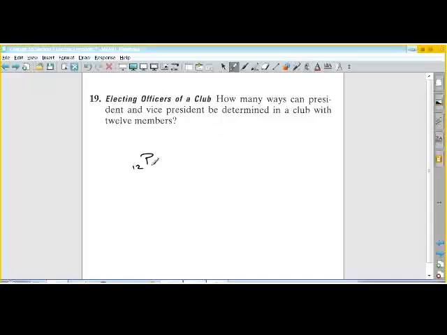We say it's a permutation because order is important. We have 12 people and we're just picking two officers, and that's N factorial divided by N minus R factorial. N is 12, R is 2.